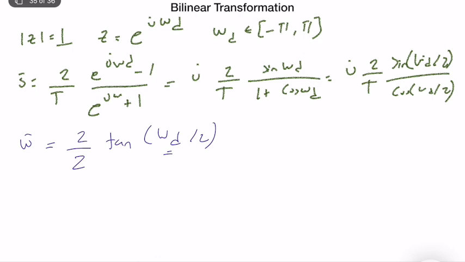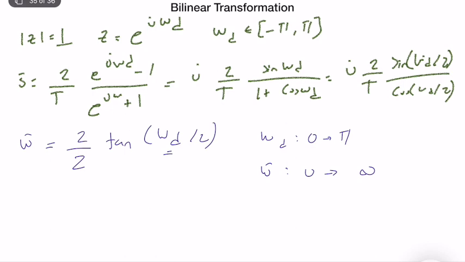So omega d starts from 0 and goes to pi, or minus pi. So we have negative frequencies and positive frequencies, but let's concentrate on the positive frequencies. Omega bar goes from 0 to infinity. It's kind of good because in the discrete domain, we are limited to frequencies from 0 to pi.